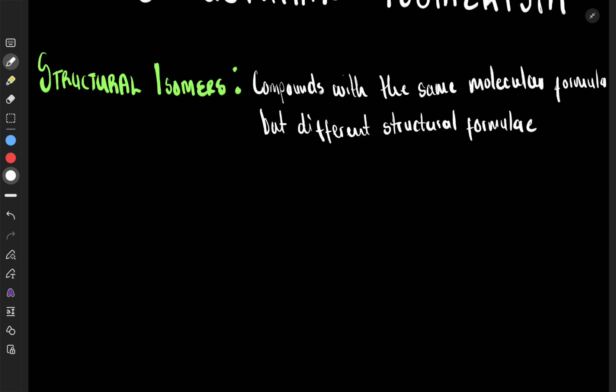Things can have the same molecular formula but different structural formulas, and we say we have structural isomers. Don't forget that. Such compounds will be called structural isomers.